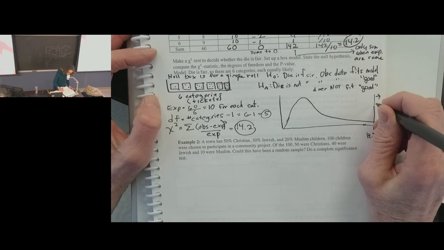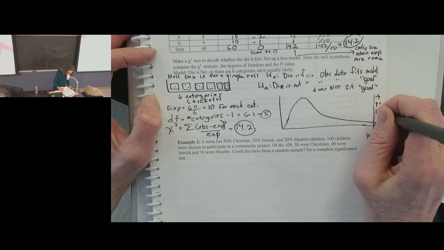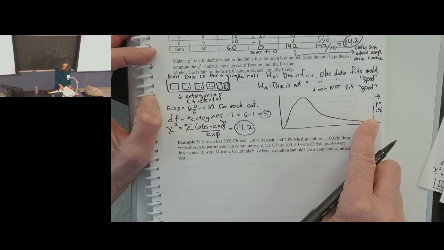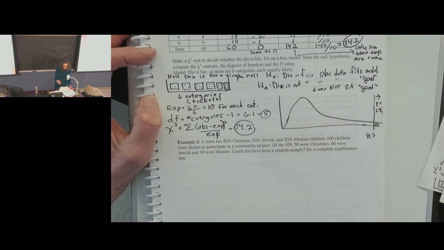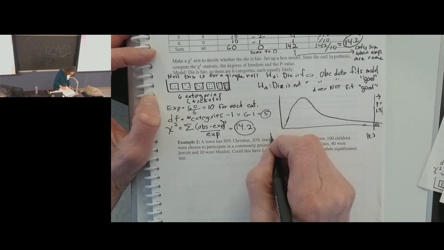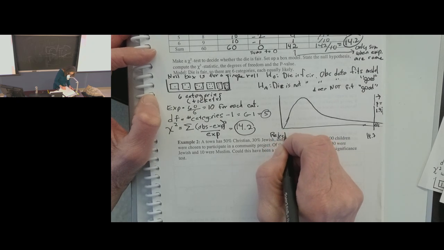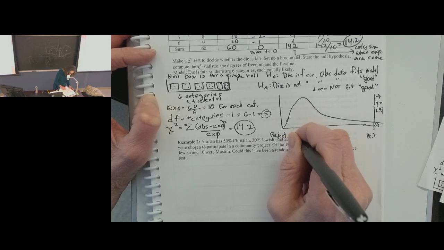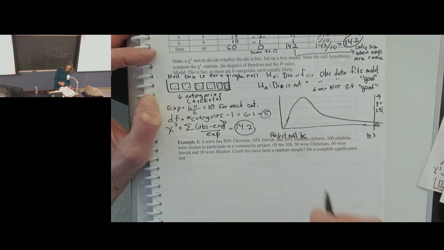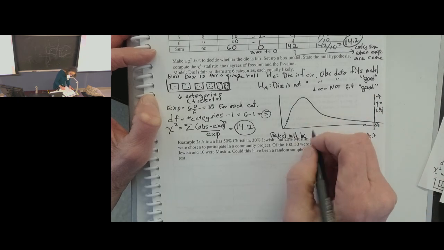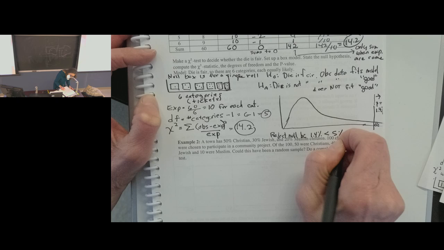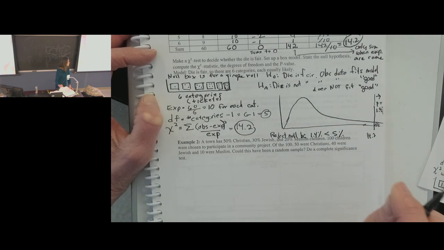A p-value of 1.44%, but we'll just round it. P equals 1.4%. So what are we going to do? We can say we're going to reject the null at 5%. Why? Because our p-value of 1.4% is less than 5%. So we're going to reject the null.